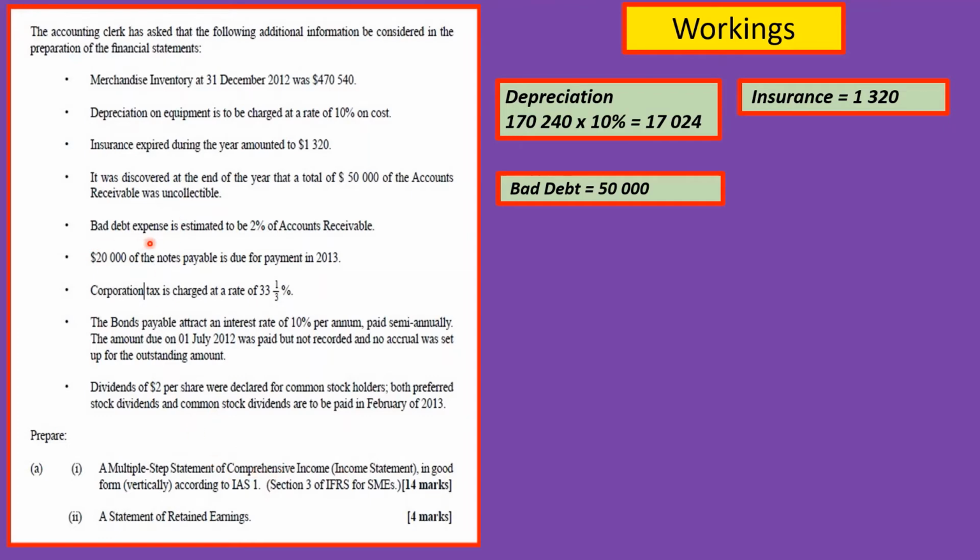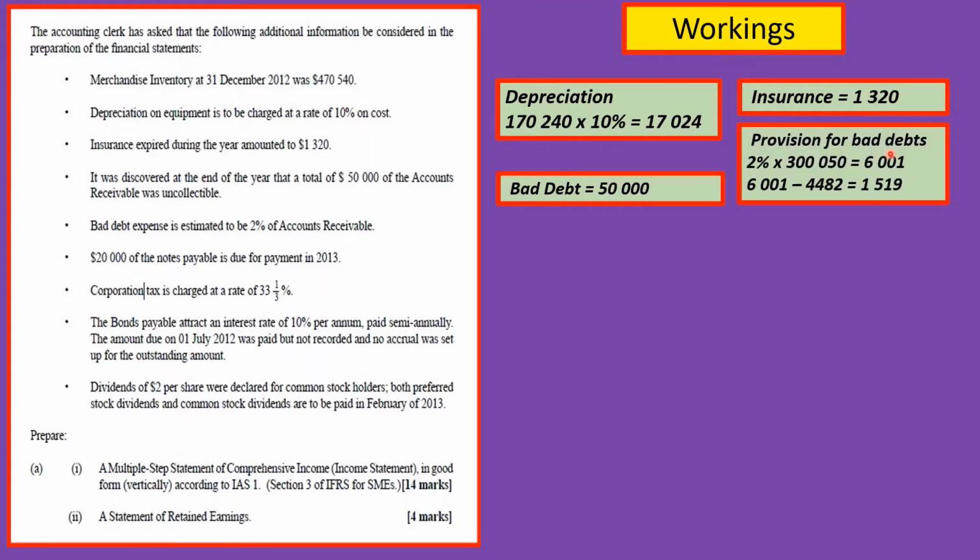Bad debt expense, and here is another item. It says the provision for bad debts is estimated at 2% of accounts receivable. So the provision for bad debts would be 2% of the accounts receivable, which in the trial balance is given as 3,300,050, and that would be equal to 6,001.